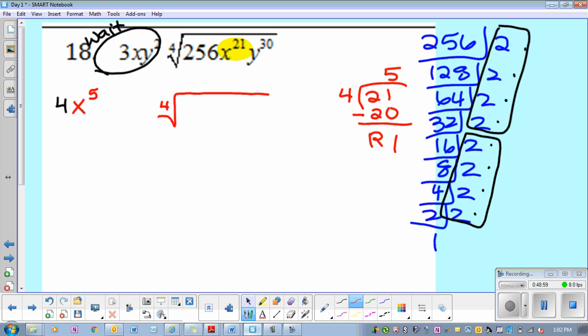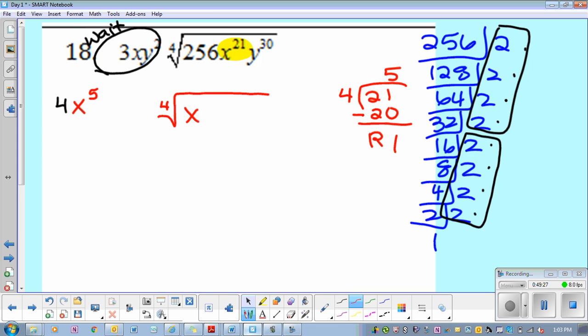You can get 5 groups of 4, because 5 times 4 is 20. You have a remainder of 1. So that tells me I have x to the 5th outside and 4th root of x inside, because that's x to the 1st. Are we okay with this? Is anyone lost? No, I don't think so.